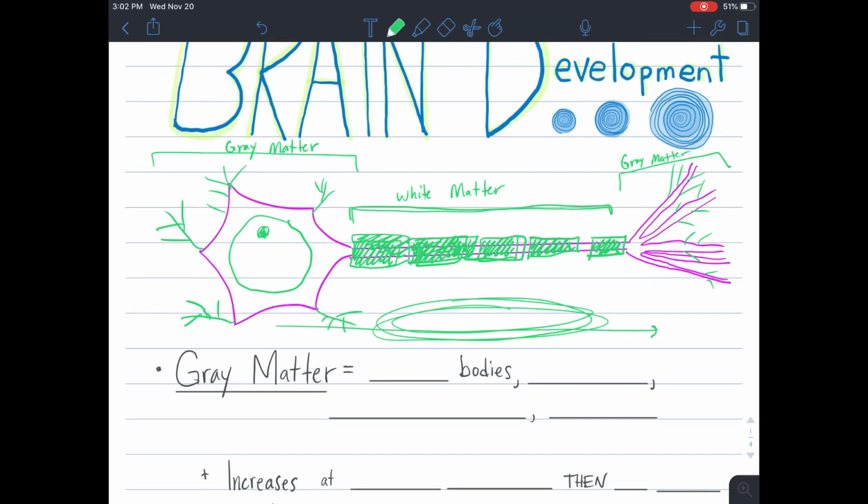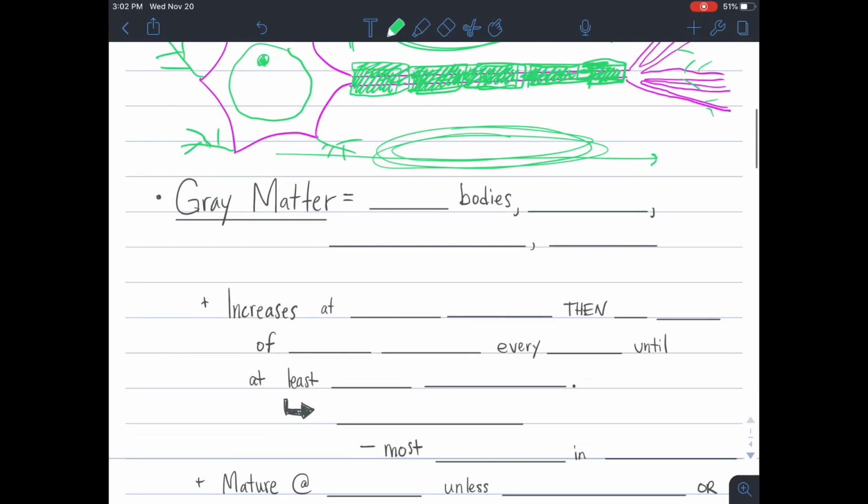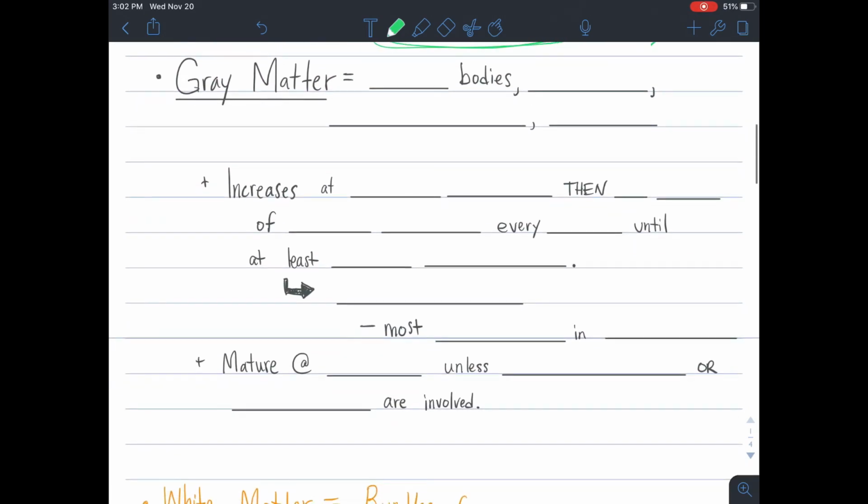Your body starts to adapt and says, we're going to use this all the time, so let's make sure that it works really well. So your body keeps adding myelin. When you learn something, you are increasing the amount of white matter as you continually do something over and over again. So let's talk about gray matter and white matter and define each of those.